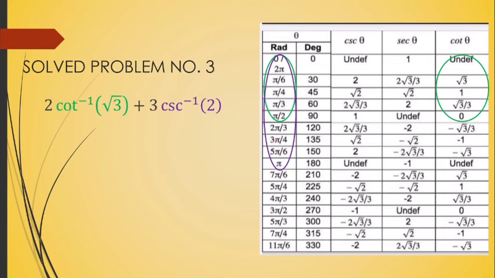Now for the cosecant. Cosecant of 2, 30 degrees.